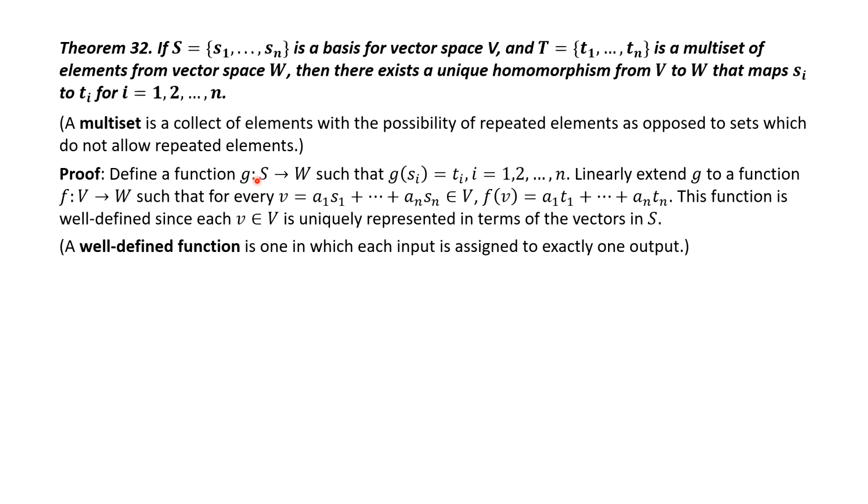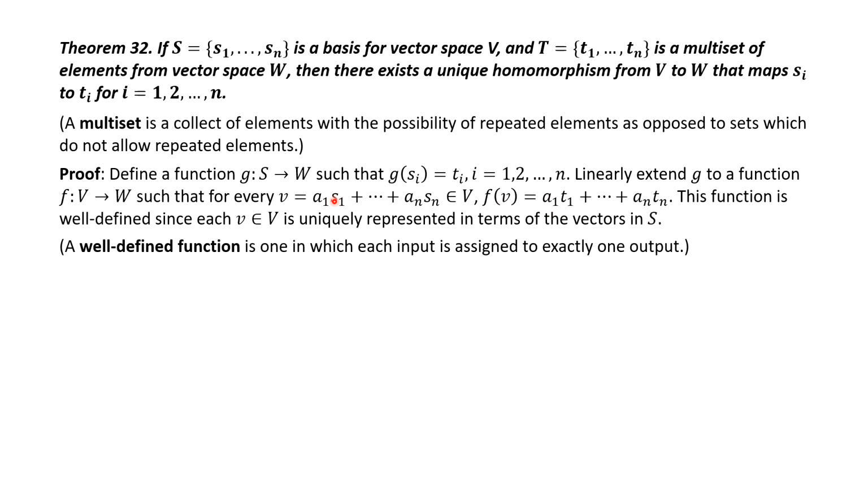We let G be a function that maps from S to W such that G of S sub i equals T sub i for i equals 1 to n. So that's part of the requirements for our theorem. Then we linearly extend G to a function from V to W such that for every v, written as a linear combination of the vectors in S, f of v equals this expression here.